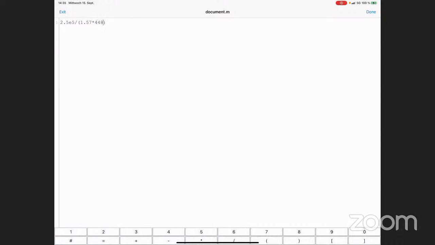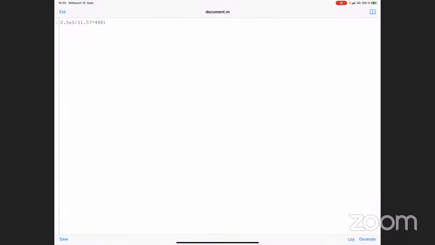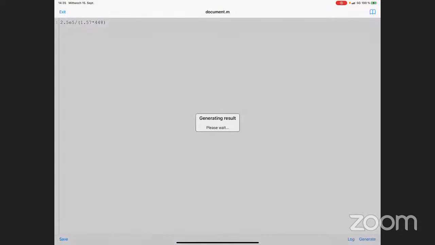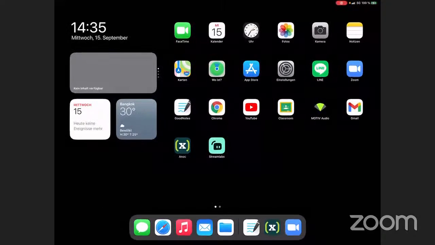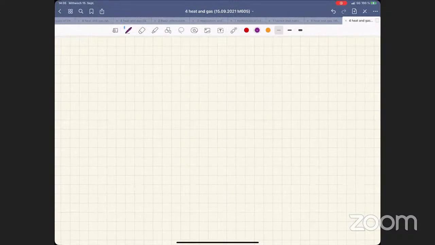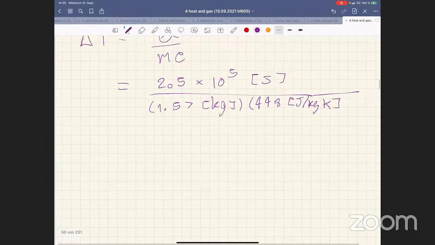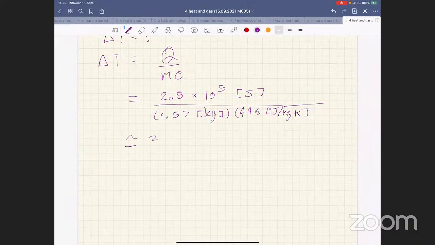Done, and it generates 355.44. It's equal to 355.44 Kelvin.